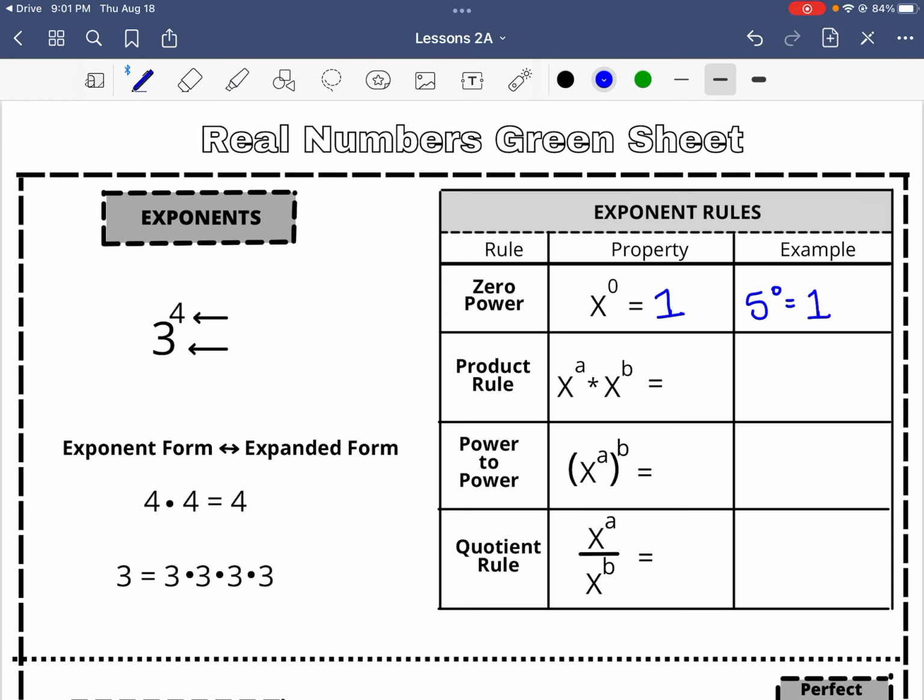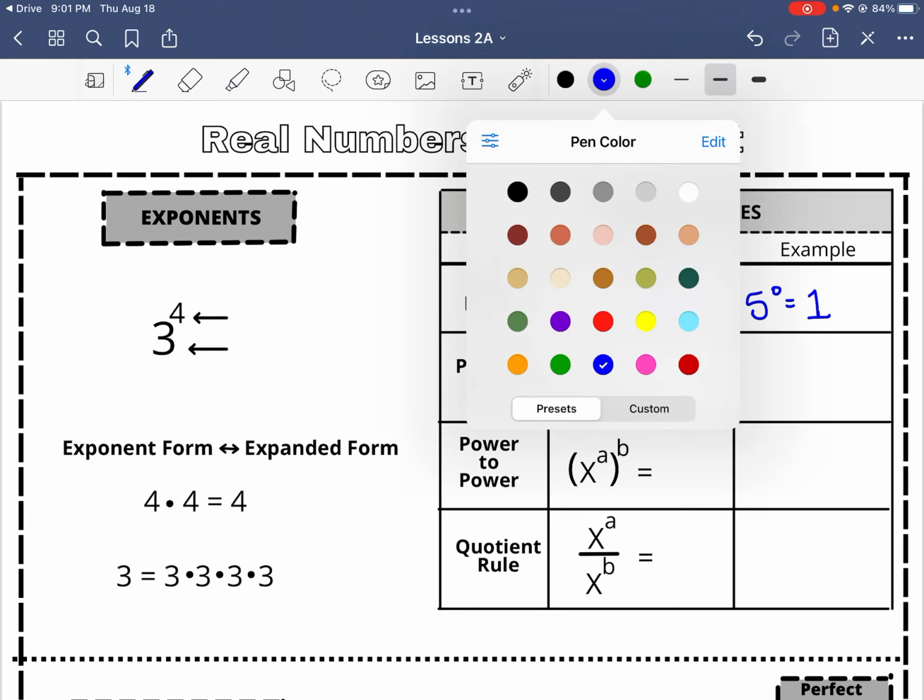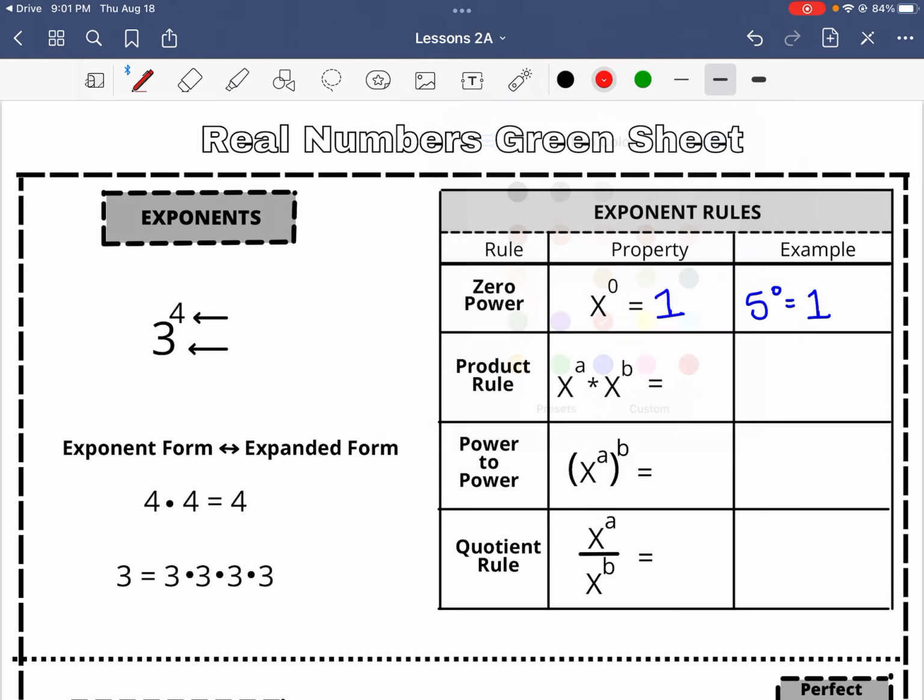The second thing we covered today is the product rule or multiplication rule. And that says that if I have two bases that are multiplying together, I can quickly solve it by adding its exponents. So here I would keep the base, and I would do a plus b.